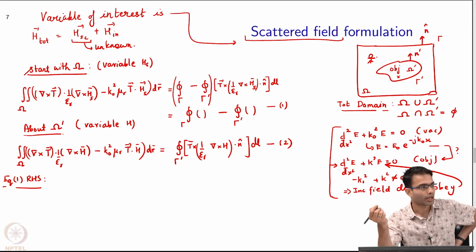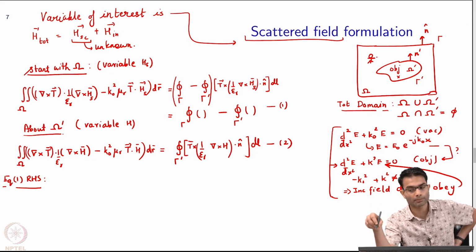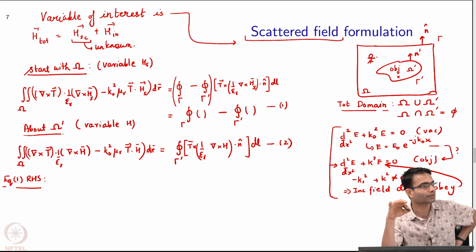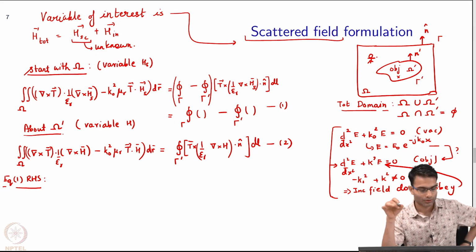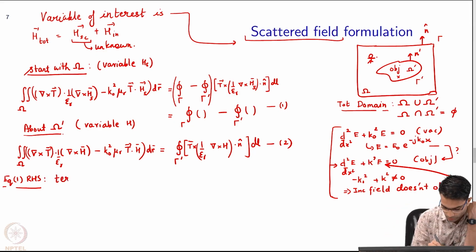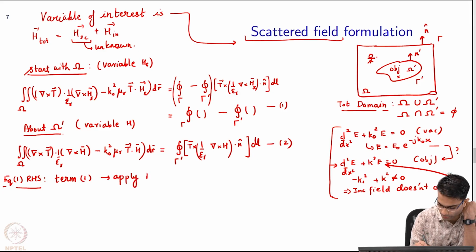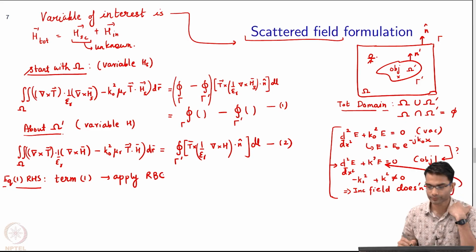Yes. Remember the boundary gamma is a mathematical imaginary boundary. We don't want any field to come back from it. So the natural place to apply this is gamma itself, right? So term 1, apply radiation boundary condition.